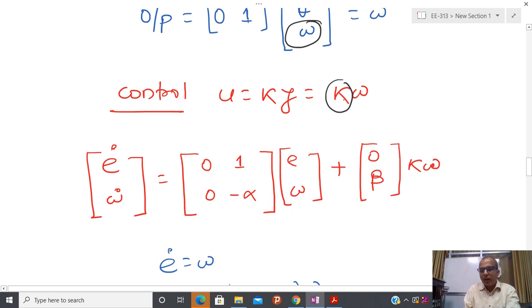Just now we understood how one can design k. Either you can design k based on Lyapunov analysis, or since you have a linear system, just based on eigenvalue analysis, put the control inside the system, and whatever closed loop system matrix comes into the picture, try to put its eigenvalues strictly negative. If they are far from zero, then you will get higher convergence.